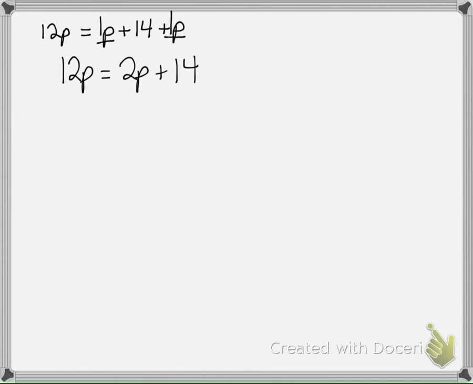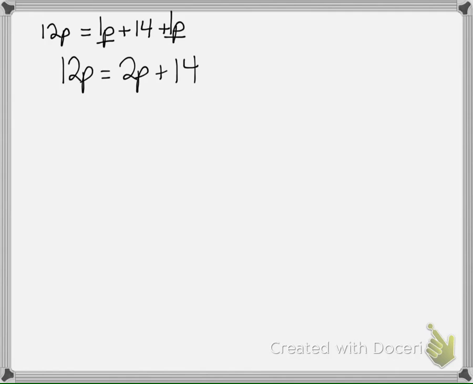Now, is there anything left to simplify on the right-hand side? No. I've got a variable term, and I've got a constant term that can't be combined, so it's simplified. Hang on, we'll finish this one, and I'll let you go.